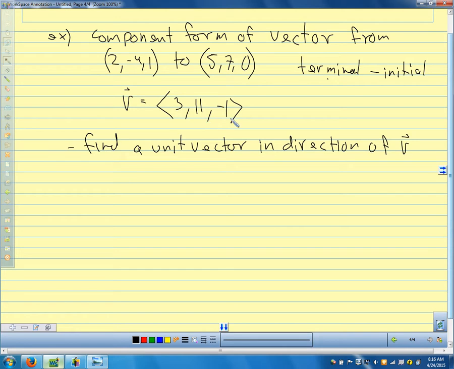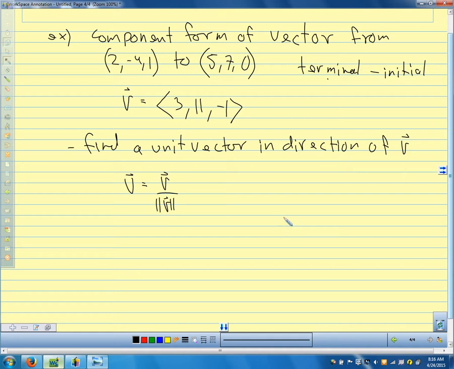So we found the component form of this vector. Now we want to find a unit vector that points from 2, -4, 1 to 5, 7, 0. So what do we do to do that? Find the magnitude, divide by the magnitude. So our unit vector, u, is going to be v divided by the magnitude of v.